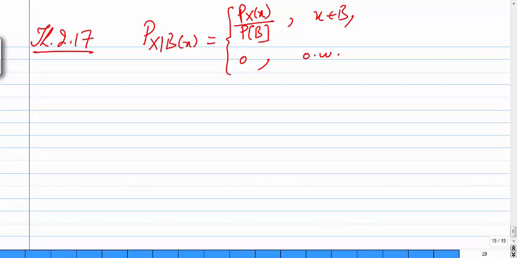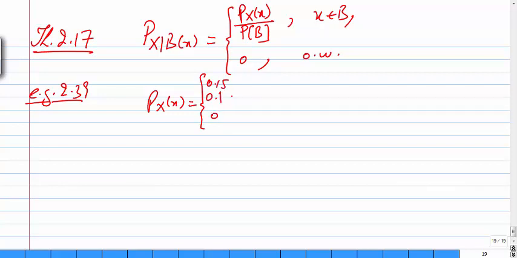Now let's do an example. Example 2.39 says that we have the PMF of X given to us. These are 0.15, 0.1 and 0, with x equal to 1, 2, 3, 4 and x equal to 5, 6, 7 and 8, and 0 otherwise.